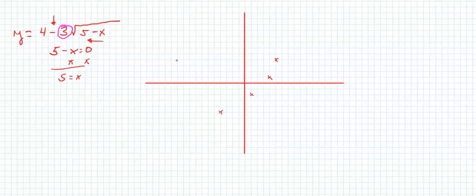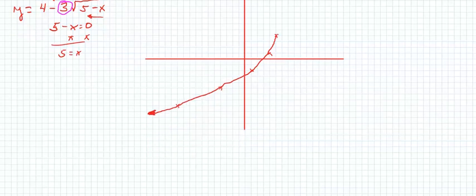I normally go 4. 4 times 3 is 12. 1, 2, 3, 4, 5, 6, 7, 8, 9, 10, 11, 12. And my graph will look like this. Okay? Very simple. All right, last thing I want to talk about is domain and range.